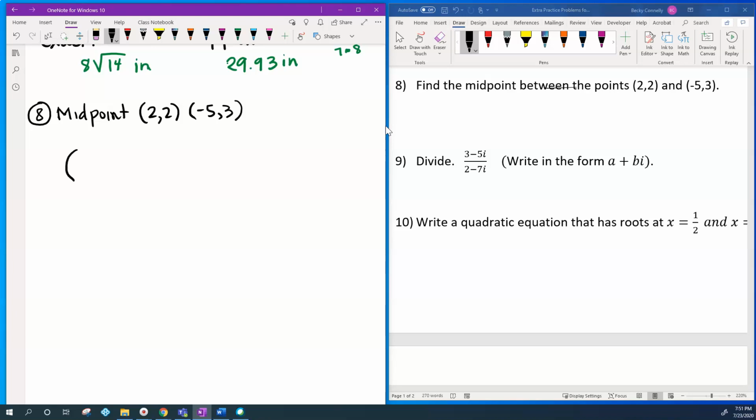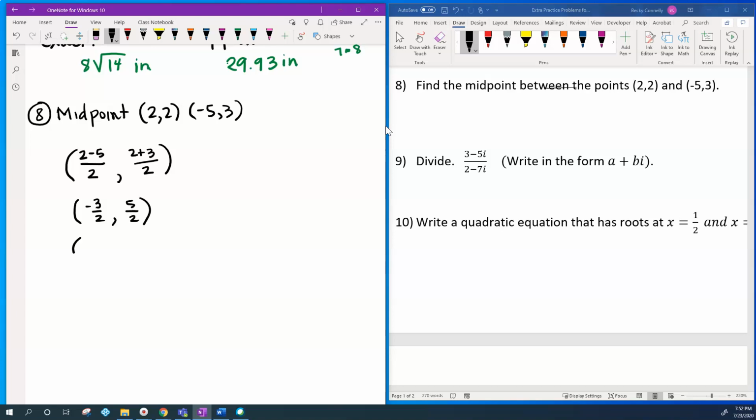So your answer is still going to be an ordered pair, because we're trying to figure out where the point is that is smack dab in the middle of these two. So I add my x's together, 2 minus 5, since it's a negative 5, and then divide that by 2. And with my y's, 2 plus 3, and then divided by 2, and then we can simplify. So we get negative 3 halves, and then 5 halves.